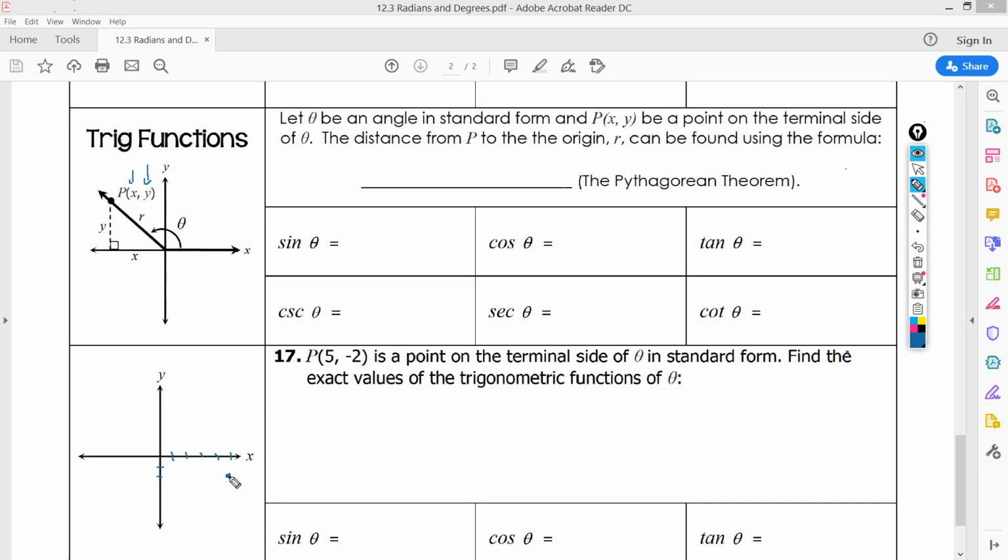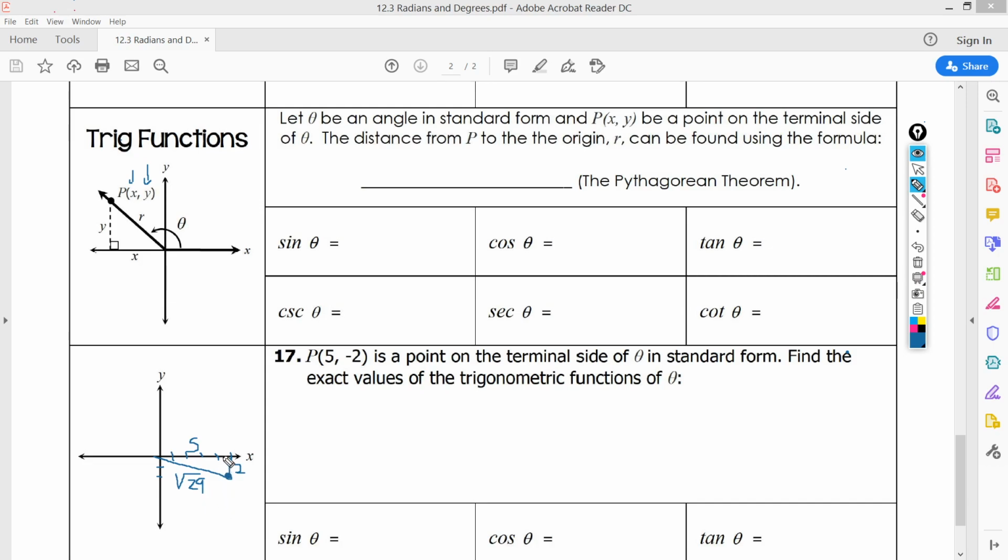So what that means is that because this is 5, -2, we can make a triangle like this. And what are the components? This has a height of 2 and a length of 5, which means you can use the Pythagorean theorem here, right? That's 25 plus 4, 29, square root of 29.